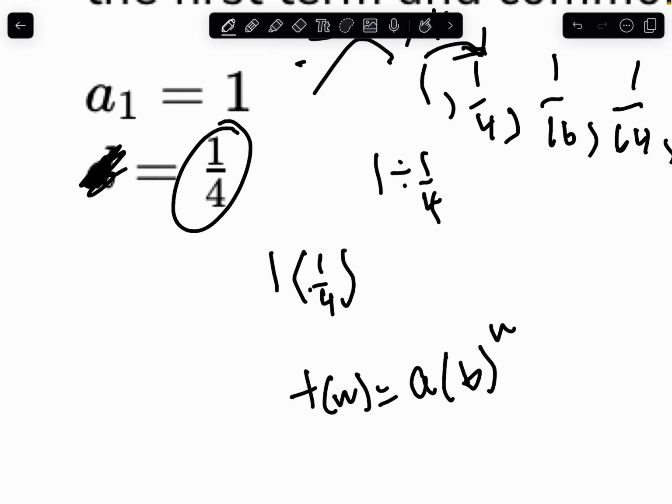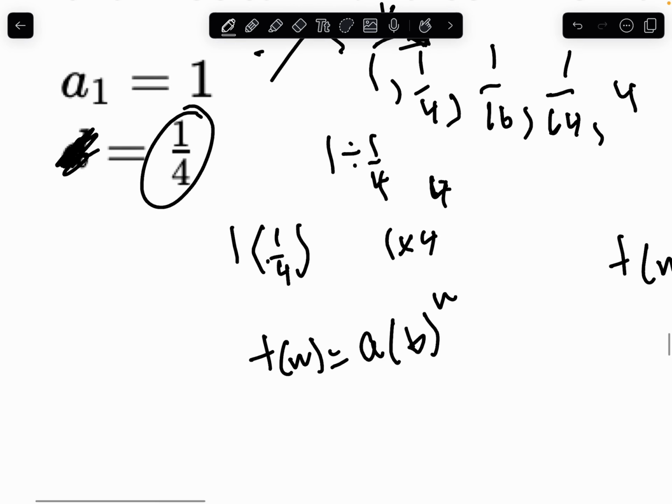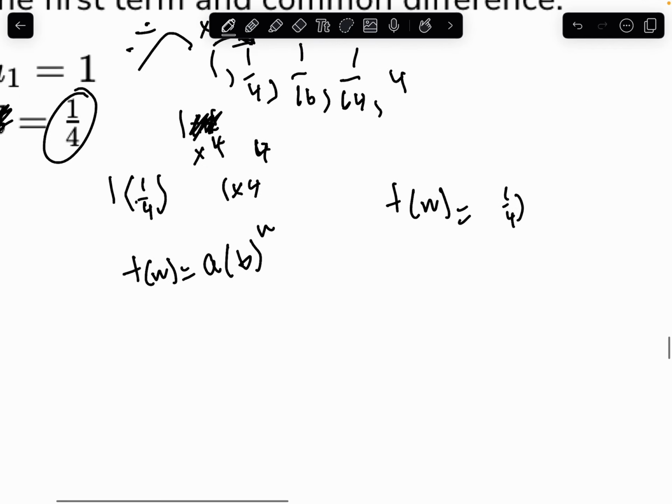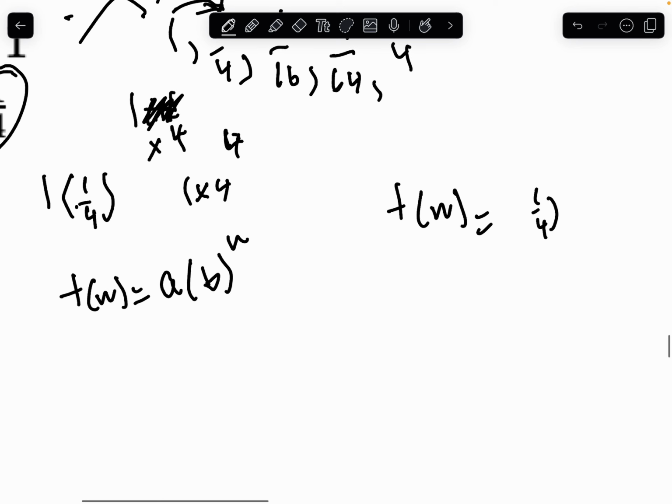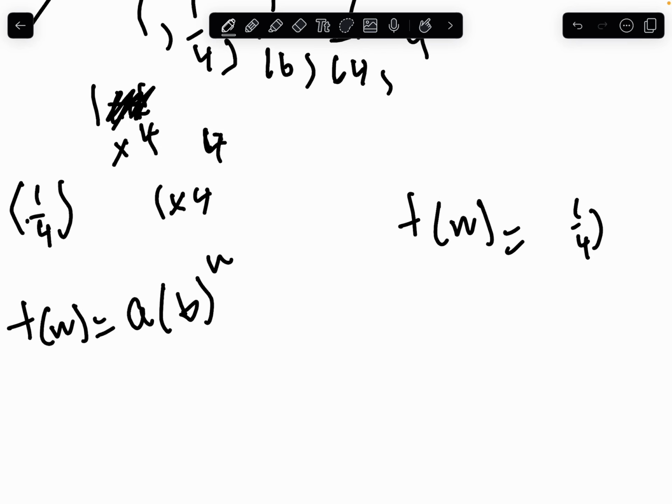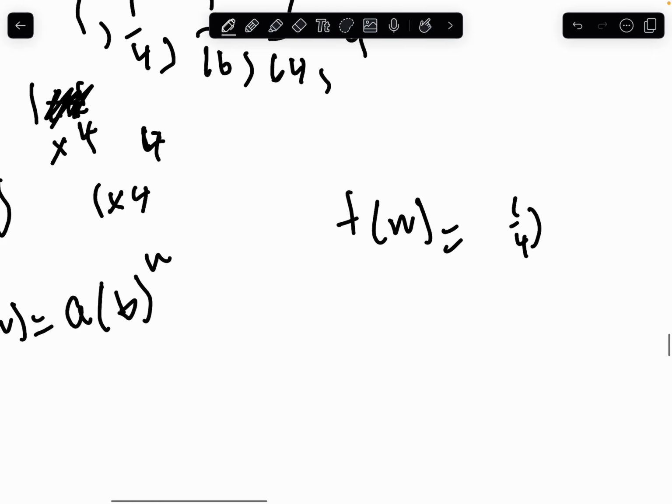So 1 divided by 1/4 is 4. It's basically saying 1 times 4. Yeah, it just takes a little practice to get that. So our a value is 4, so we put 4 in there. 4 times 1/4 to the n power.